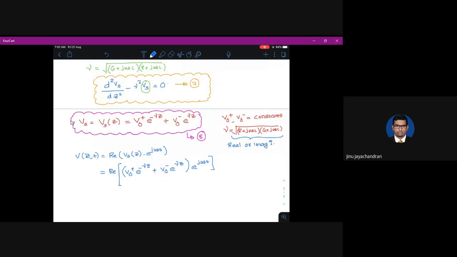If you look at this equation, you see there is a j term here because of L and C. So definitely gamma will be an imaginary value. I wouldn't say it is an imaginary value, I would say it is a complex value. So gamma is a complex value.